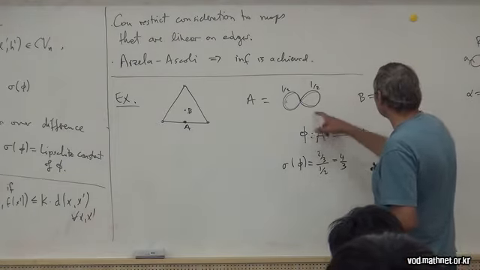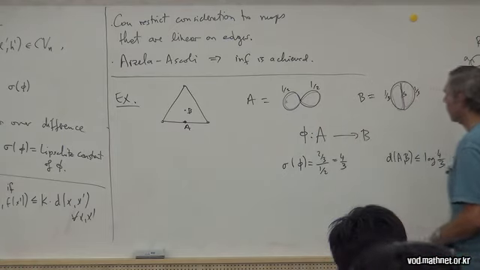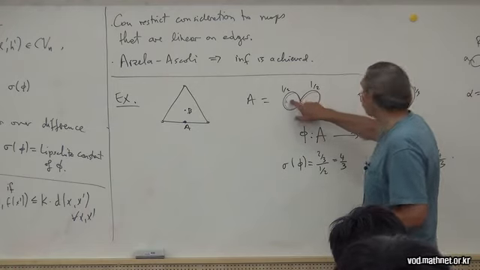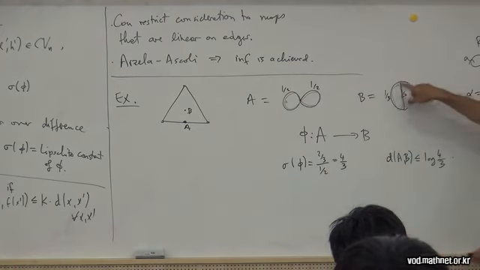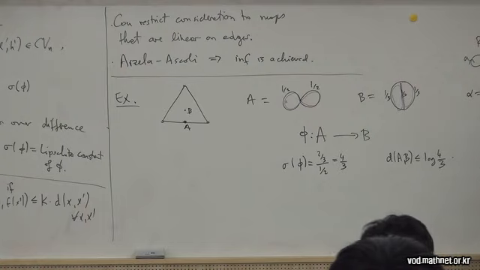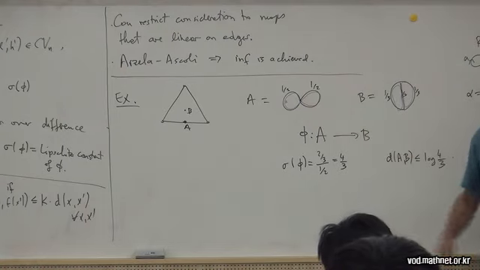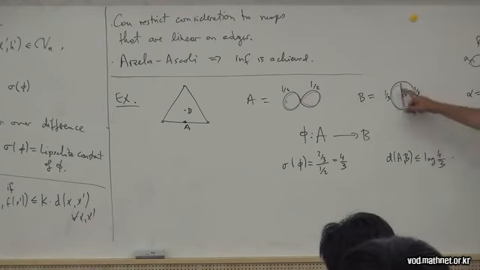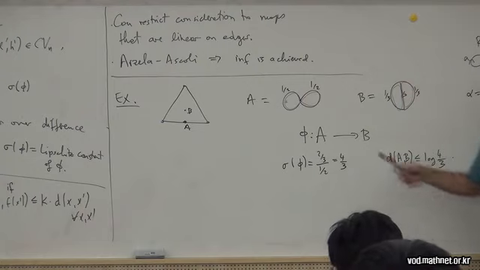Maybe I can come up with some better map, some phi prime from A to B. But it will still have to send this blue curve to a curve that's homotopic to the curve I drew, because whatever my map is, it will have to be homotopic to this map. So what can the length of the image of A be? It's not going to be less than 2/3. This is the smallest it can possibly be because this is immersed, and so you can never do better than 4/3.